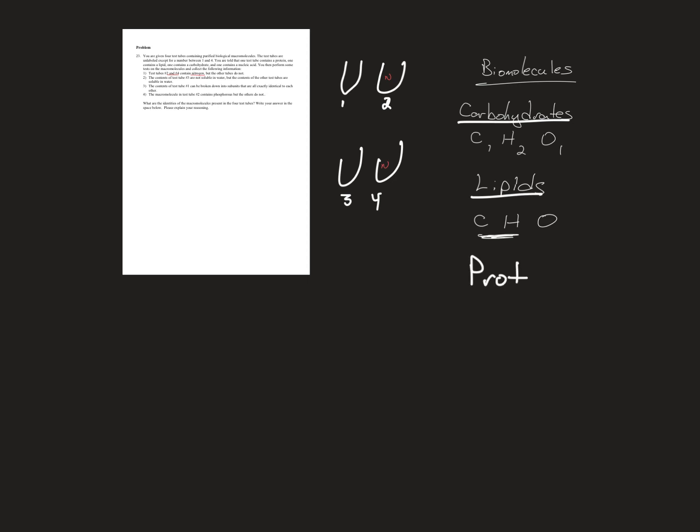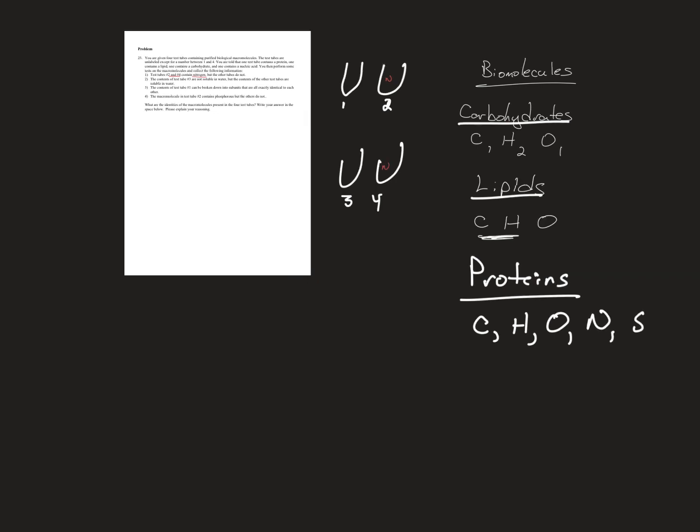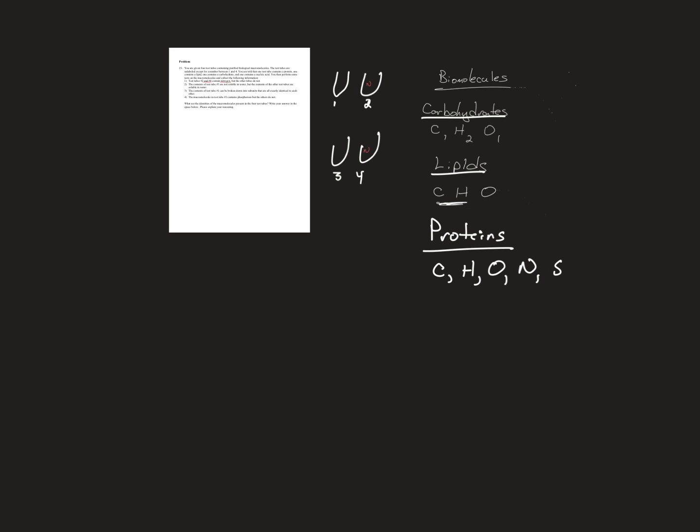Then we have proteins that have carbon, hydrogen, oxygen, nitrogen, and some sulfur. Usually sulfur is left out, but I think it's important to discuss it for future reference. And the last is nucleic acids, which have carbon, hydrogen, oxygen, nitrogen, no sulfur, but instead they have phosphorus.